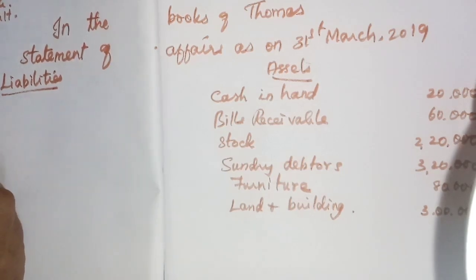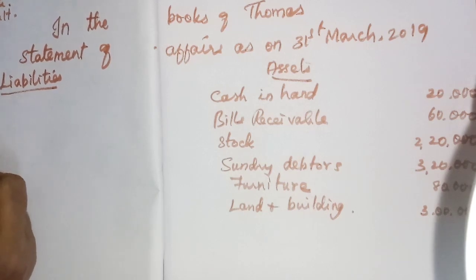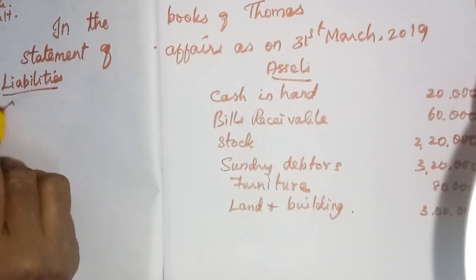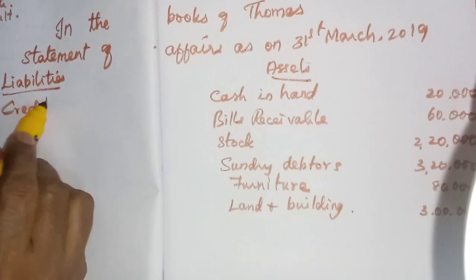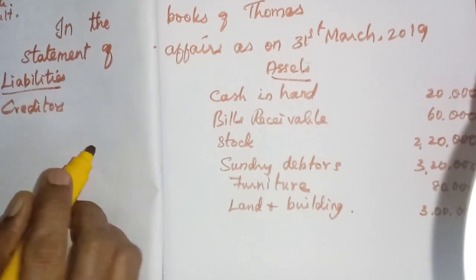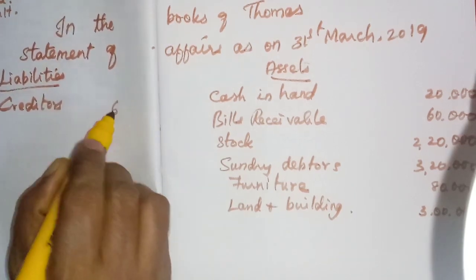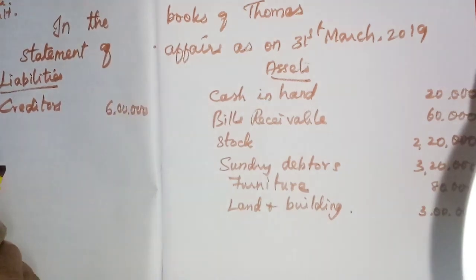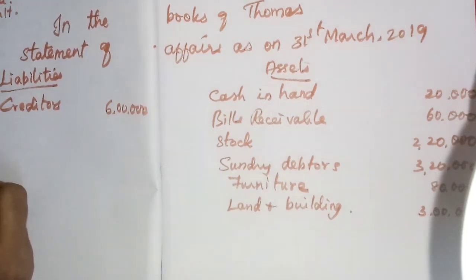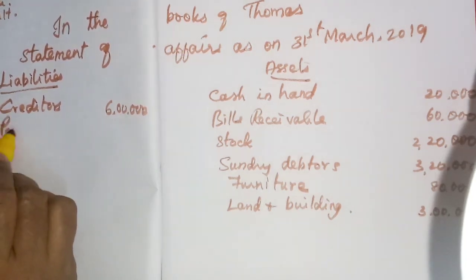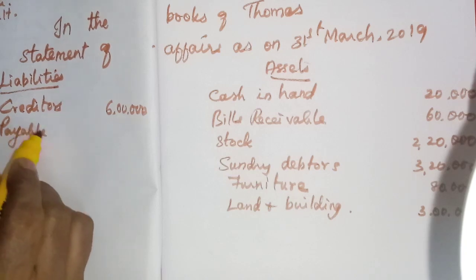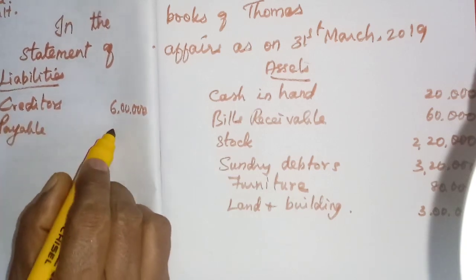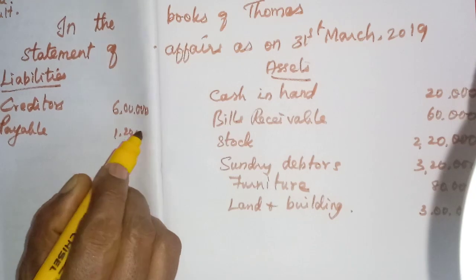Okay, so sundry creditors, bills payable, 1,20,000.